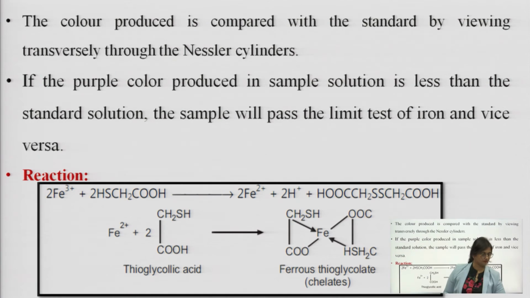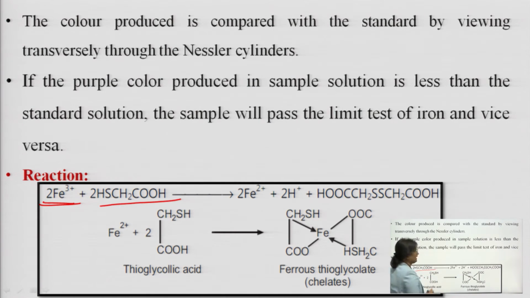The color produced due to this reaction is compared with that of the standard by viewing transversely through the Nessler cylinder. So, what happens here is, suppose our ferrous ion is made to react with thioglycolic acid.